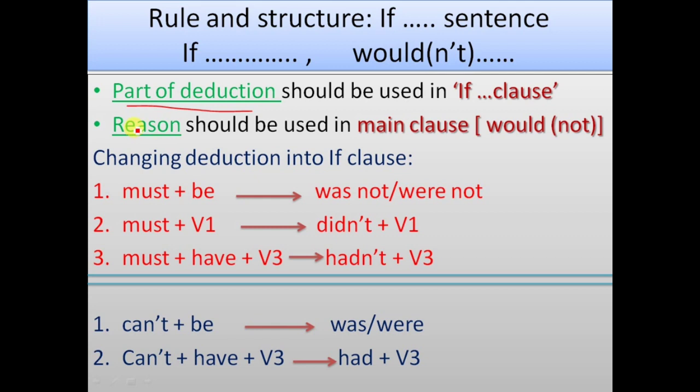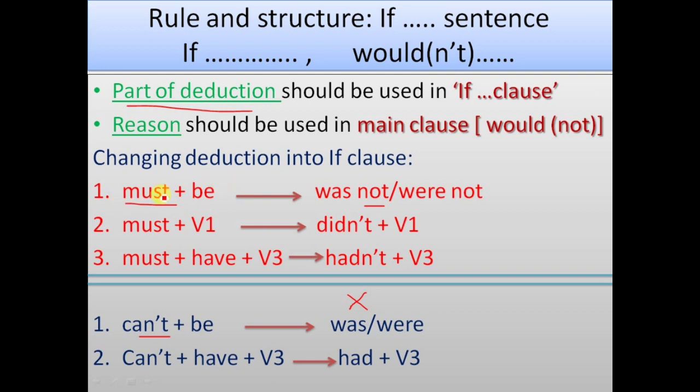If you are changing deduction into if clause, you may see in the part of deduction either must or can't. If in the part of deduction there is must, while changing it into if clause you have to use negative marker not, and if there is can't, negative, you should not use negative marker not in the if clause. So let's begin.